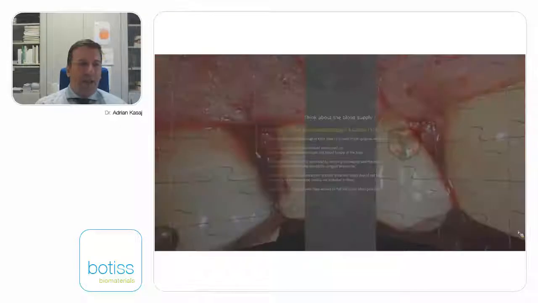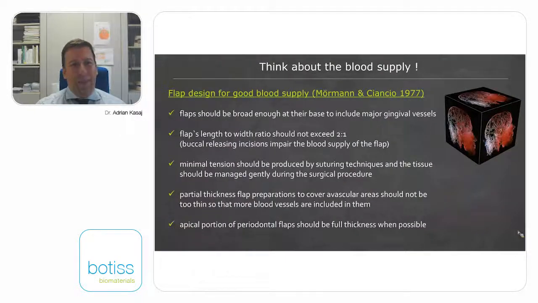And the rules for an optimal flap design for a good blood supply were studied by Merman and Chancho in an angiographic study in 1977, and they concluded in their study that the flaps should be broad enough at their base to include major gingival vessels. The flap's length to width ratio shouldn't exceed 2:1.